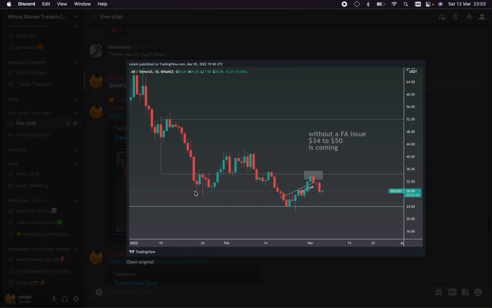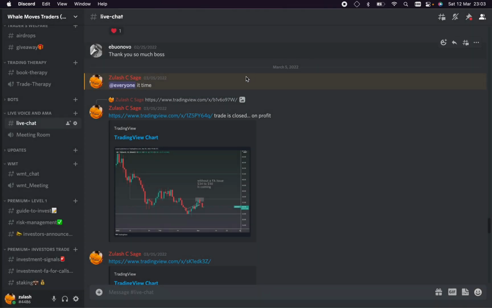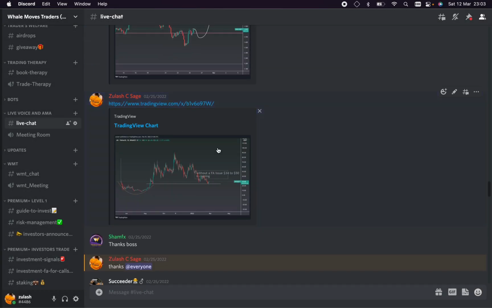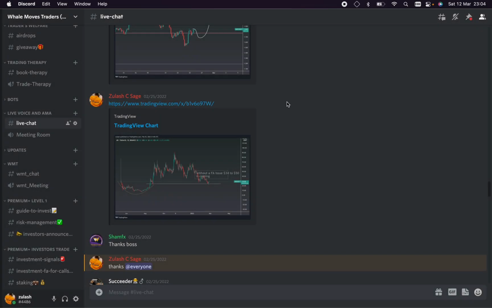You can go through the whole thing and see this. Like this, we smashed the profit. I think we started buying from around these areas all the way to here. Let me check. Yeah, I think we started buying from all this area, around 28 all the way to 24. Then we took profit around $34.